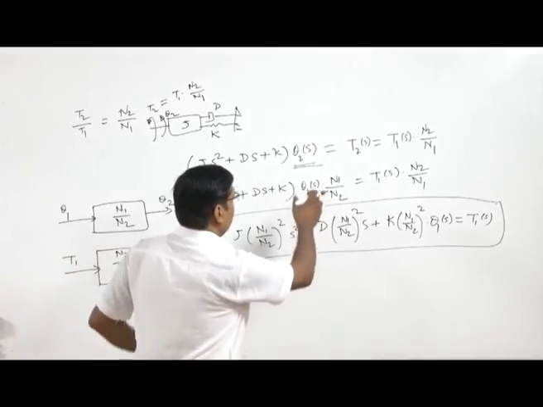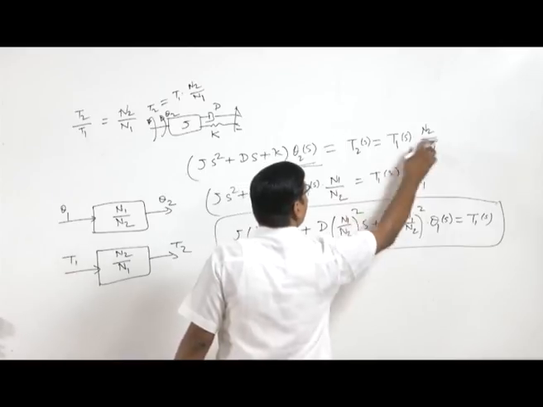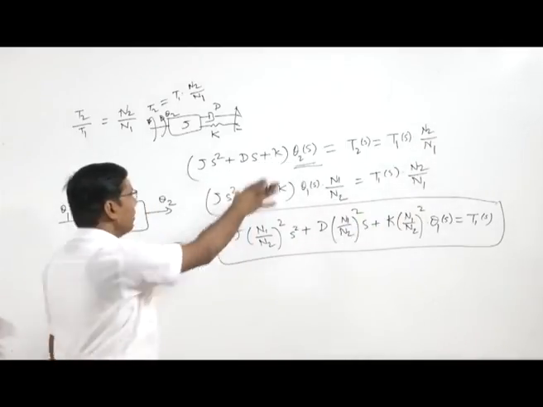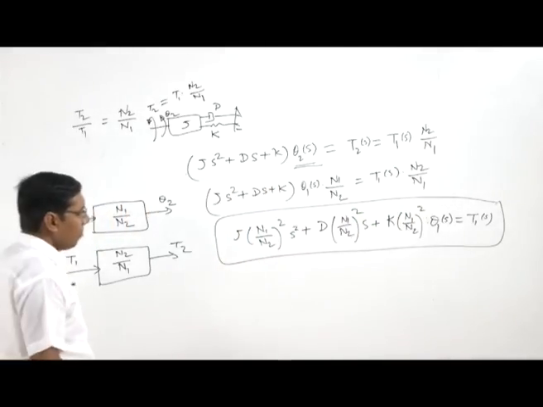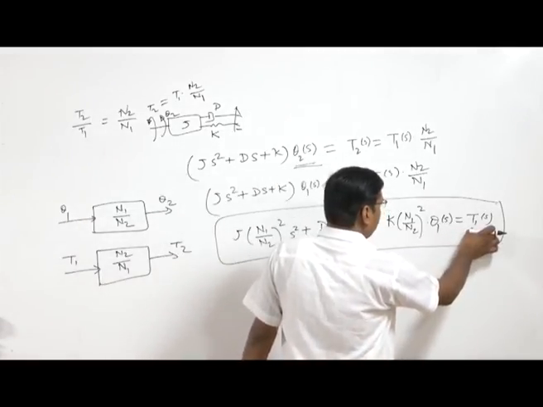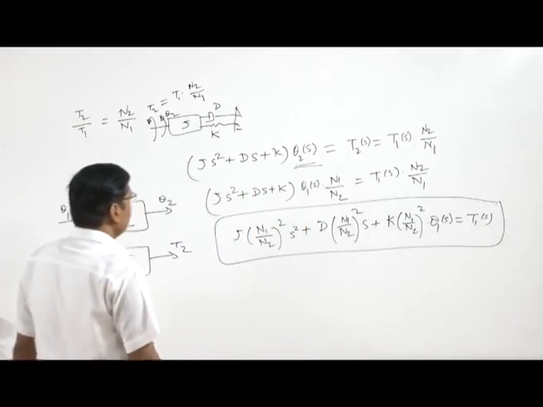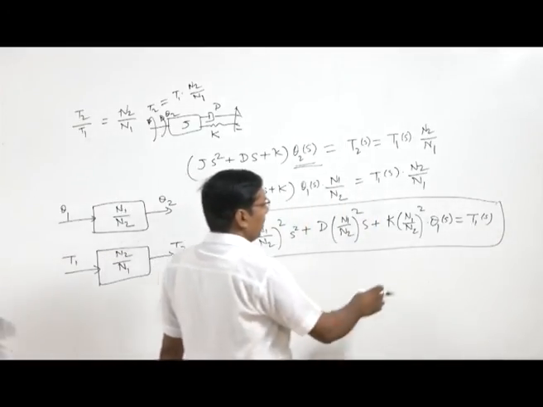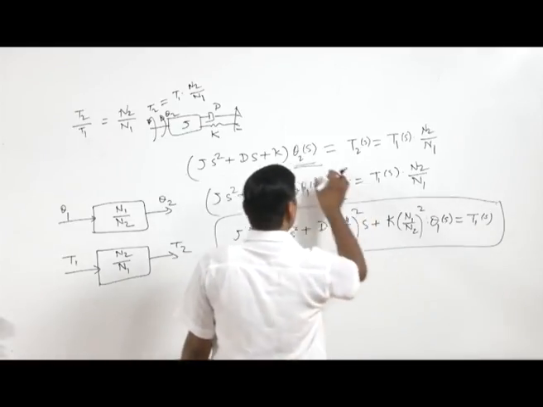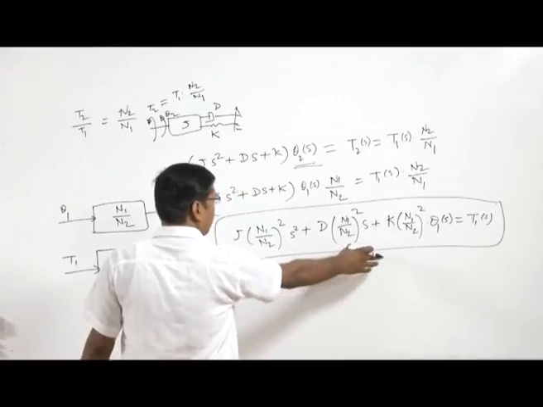So here the theta 2 s by T1 s we can find as N2 by N1 upon this term, Js square plus Ds plus K. We can also find this transfer function theta 1 s by T1 s, and that will be this term.